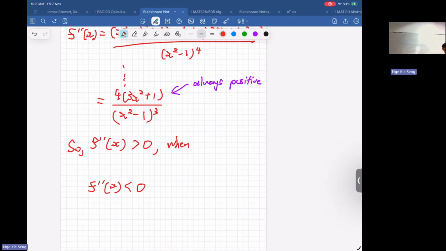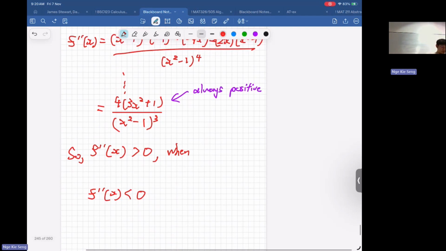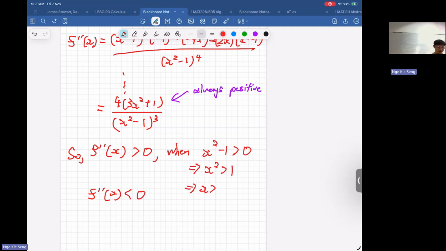We should check where it is positive and where it is negative. If f double prime of x is greater than 0, then we have to make sure that x squared minus 1 is greater than 0, because the numerator is already always positive. This implies that x squared is greater than 1, which just means that x has to be greater than 1 or x has to be less than minus 1.